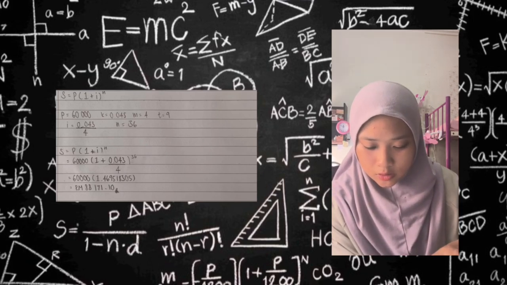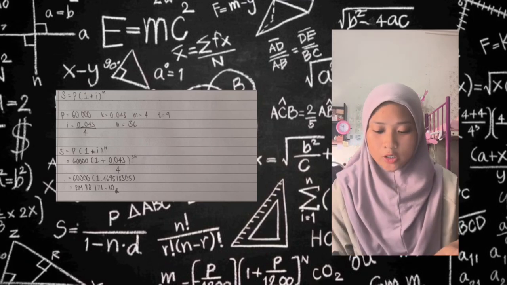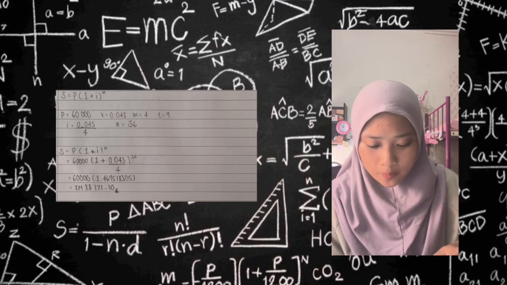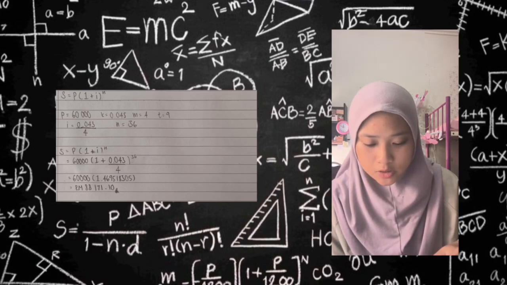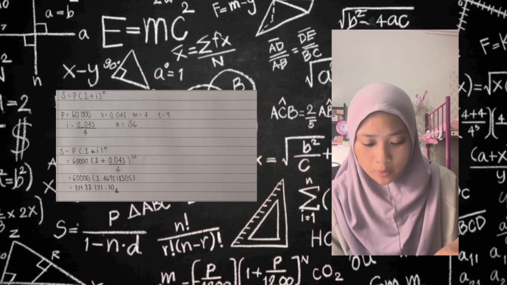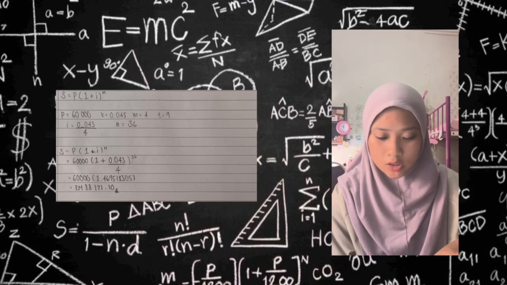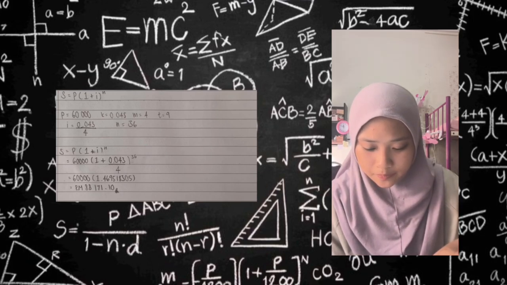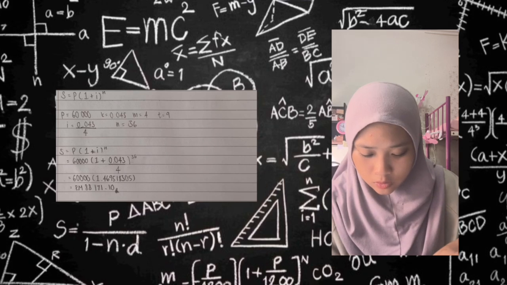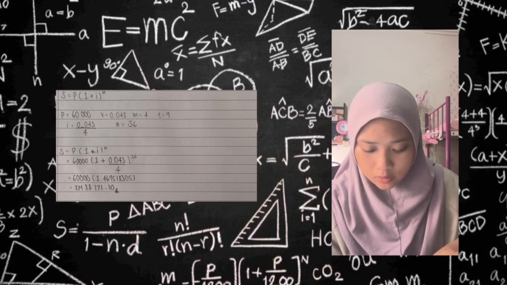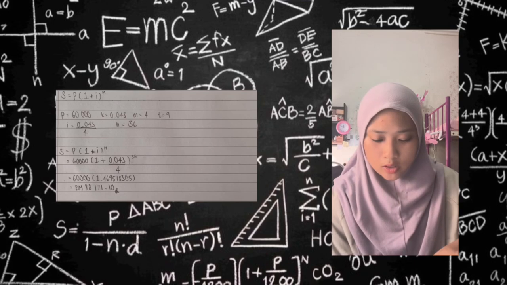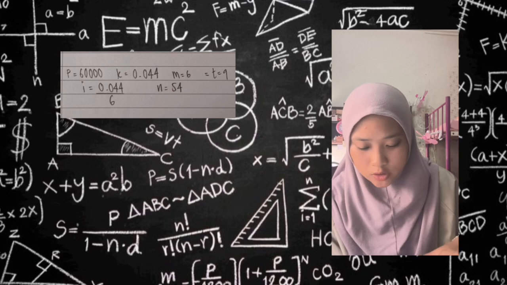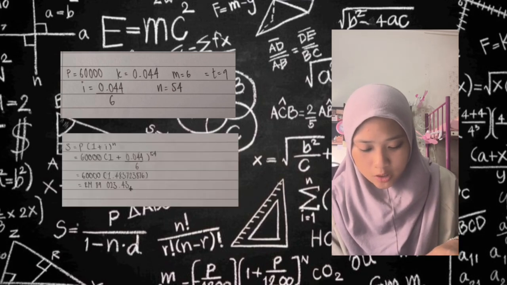So the answer is, put it in your calculator, 1 plus 0.043 per 4, and then power n, which is 36, and you'll get the answer 1.469518305. And then you have to multiply it, which the answer is 88,171 ringgit 10 cents.